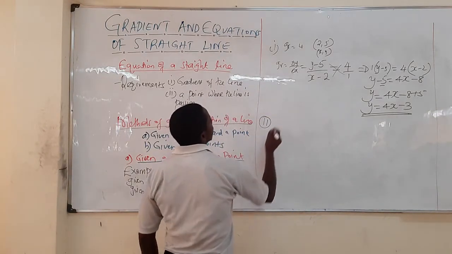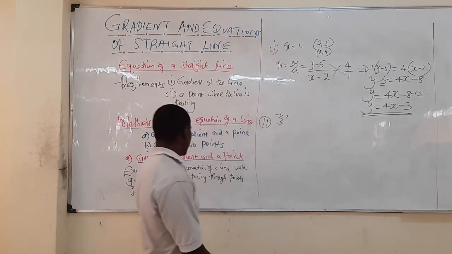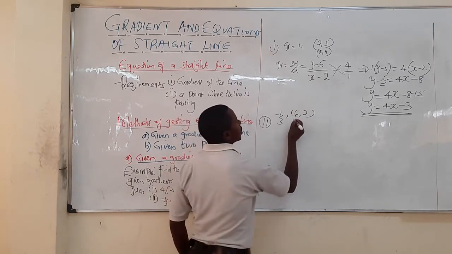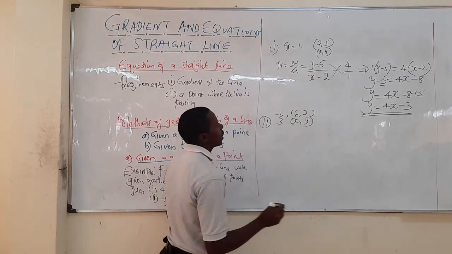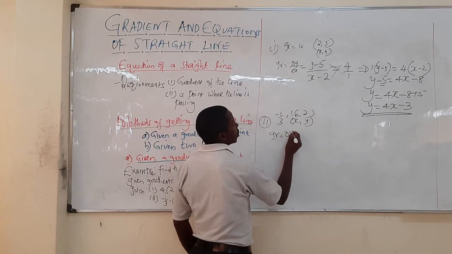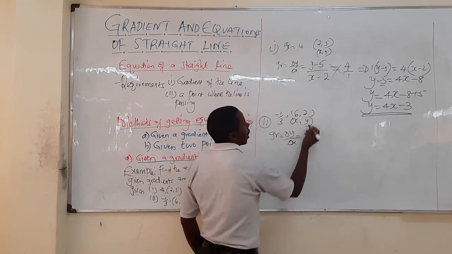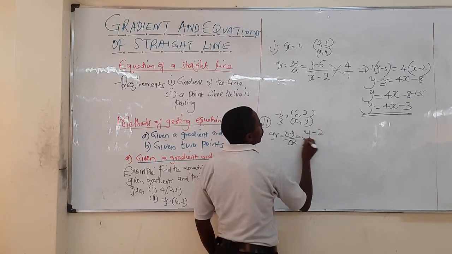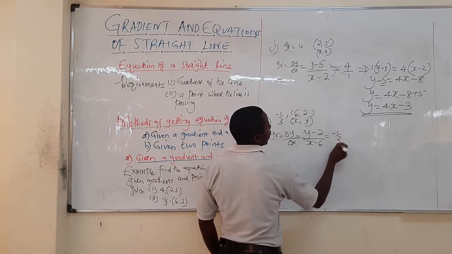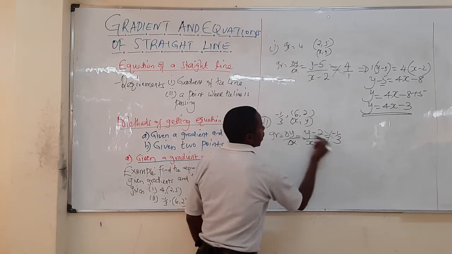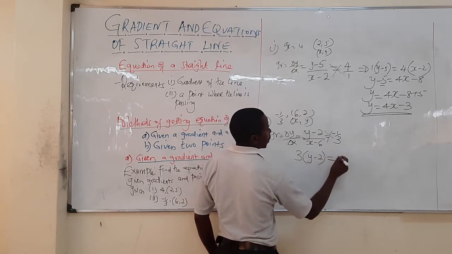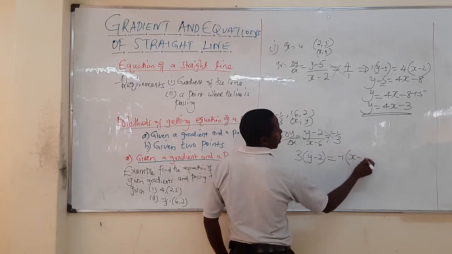Part 2, the gradient is minus a third and the line is passing through the point (6, 2). We take an arbitrary point (x, y), and get the gradient using the formula: change in y over change in x, which is y minus 2 divided by x minus 6, giving minus 1 over 3. Then we cross multiply: 3 times (y minus 2) equals minus 1 times (x minus 6).